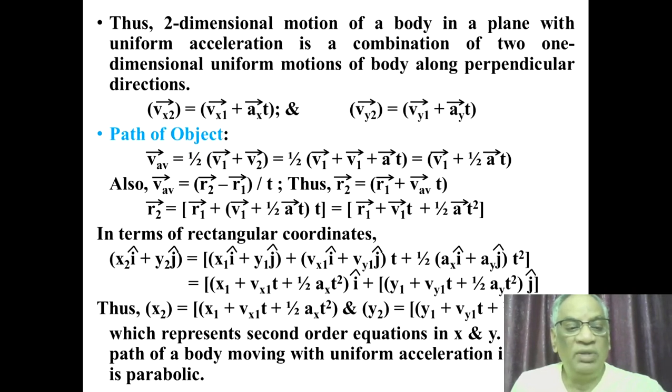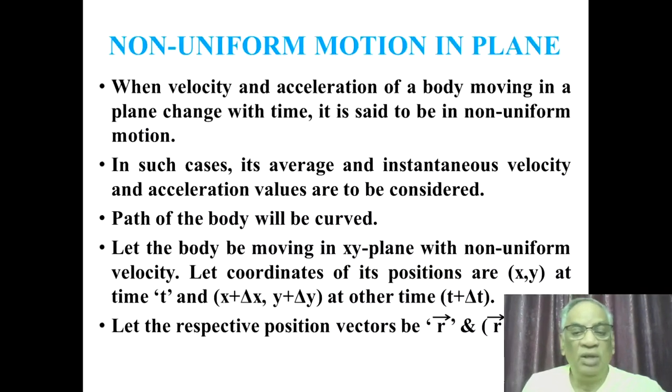So after simplification, x2 can be written as x1 plus vx1 t plus half ax t square, and y2 is equal to y1 plus vy1 t plus half ay t square, which is in the form of a second order equation in x and y terms. Thus the path of a body moving with uniform acceleration in a plane follows a parabolic path.